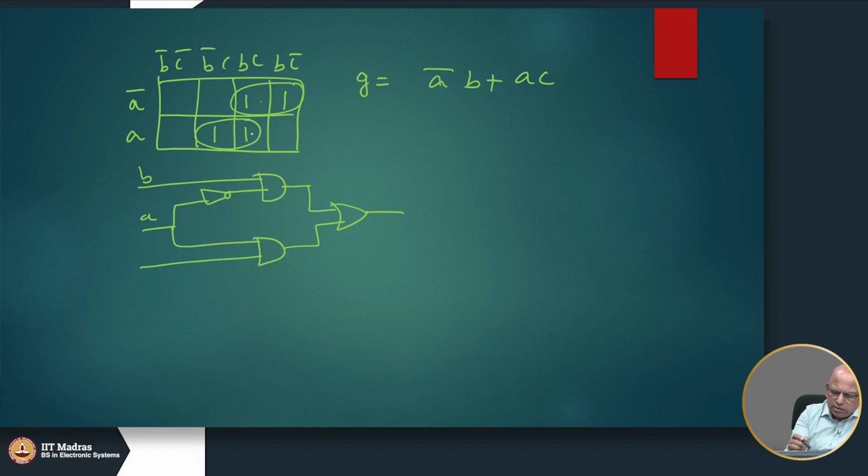So, what is happening here in this square, the input is 0, 1, 1. Okay. So, if I apply a 0, 1, 1, I will get a 0 here, and wait, 0, 1, 1. I am sorry, this is 1, right?